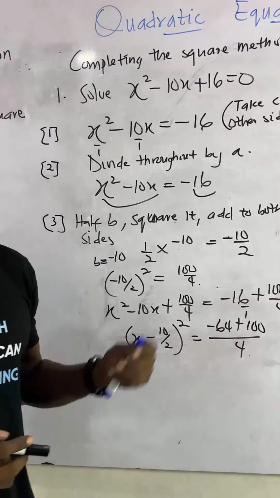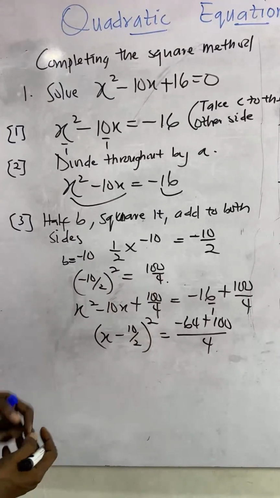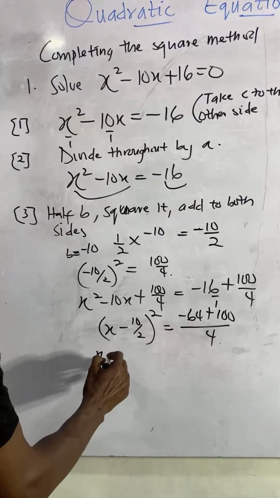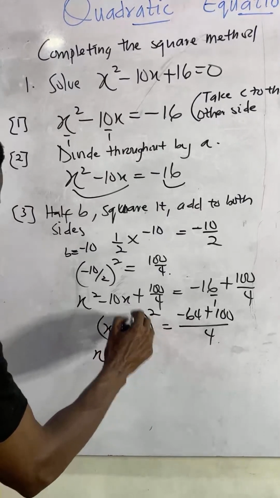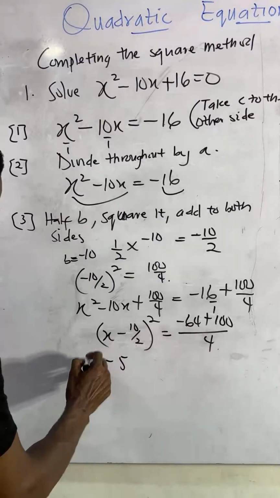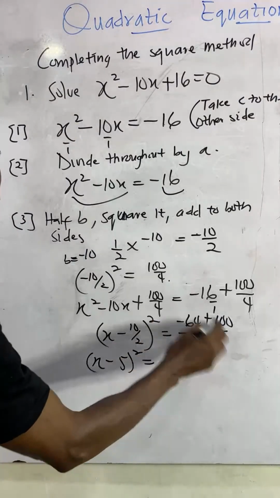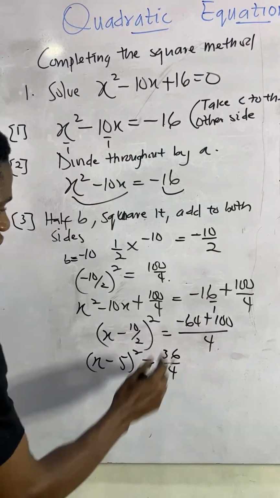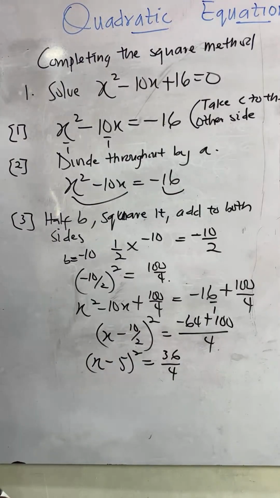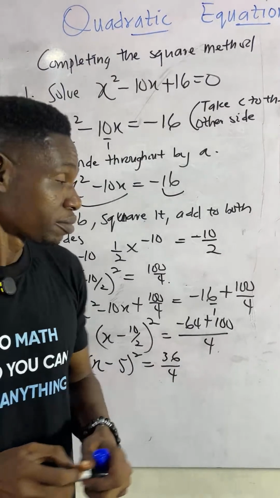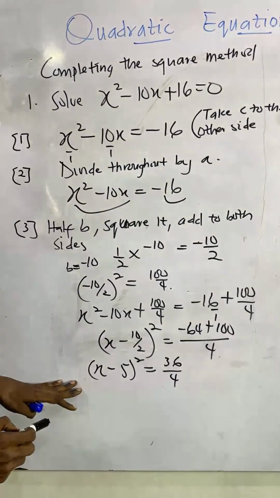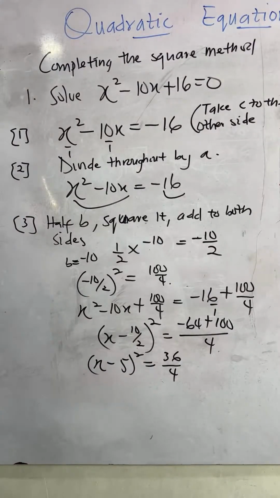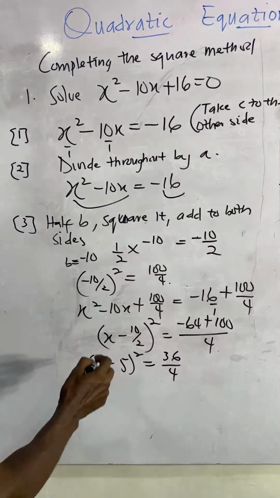Okay? So completing the square method appears longer, but it's also interesting. So from here we'll have x minus 10 over 2, which is 5, right? Squared, equal to 36 over 4. That's minus 64 plus 100, that's 36. Now we can take the square root of both sides.